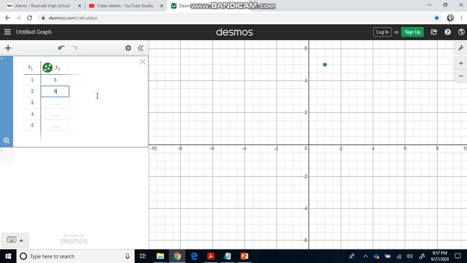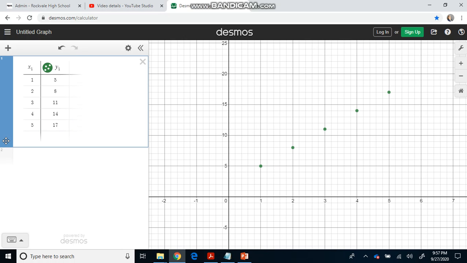So the next term is 8, plus 3 is 11, plus 3 is 14, plus 3 is 17. And if I click on the zoom fit, I get those points that are in the table.